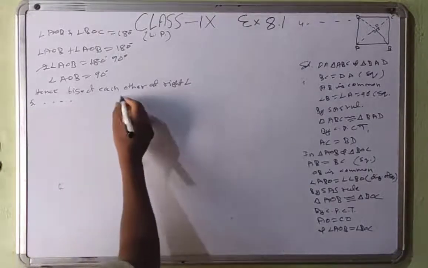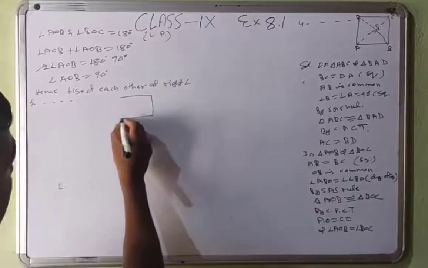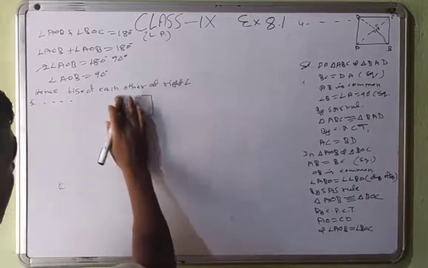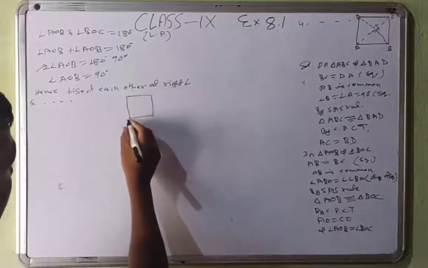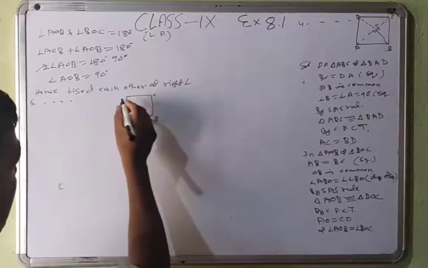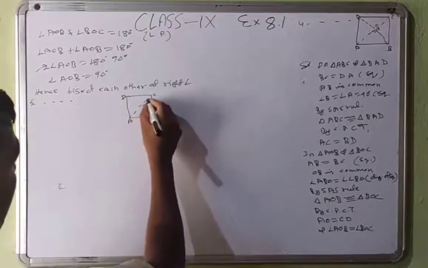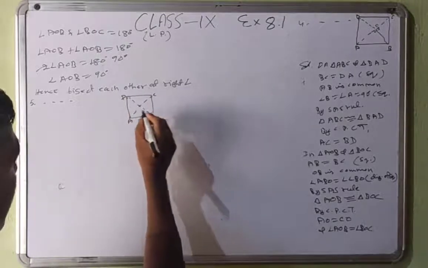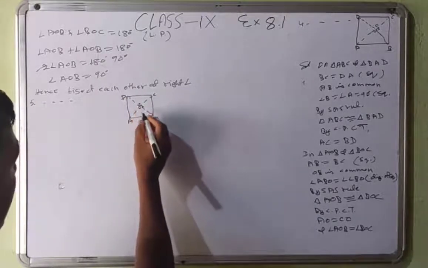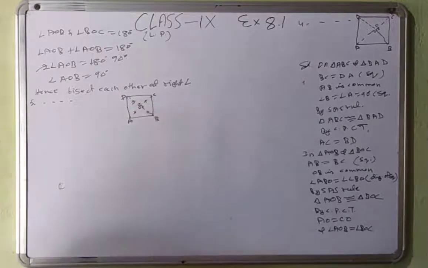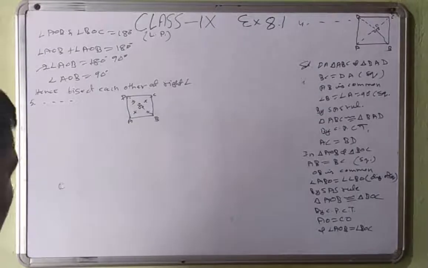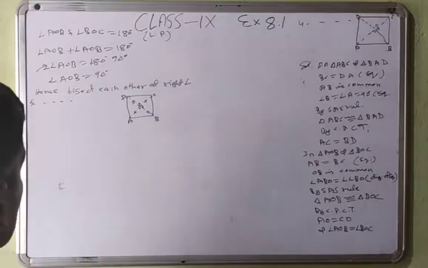Fifth question, we will draw a diagram similarly like a square, A, B, C, D. Now what's given is 90 degree, and these diagonals are equal also, and then we need to prove that it is a square.